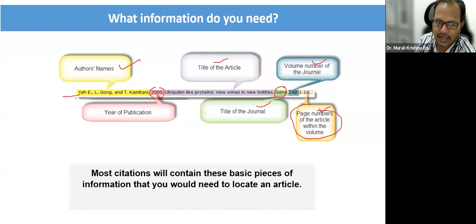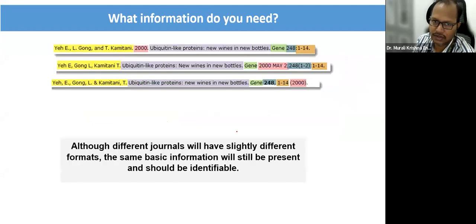If I see this, I can find out who the author is, what the title is, where and when it is published, what the volume is, and which year. As I said, these are the factors you need to look at. When you see just the title or citation, all that information is there. That is the basic information you need to look at when picking a paper to read.